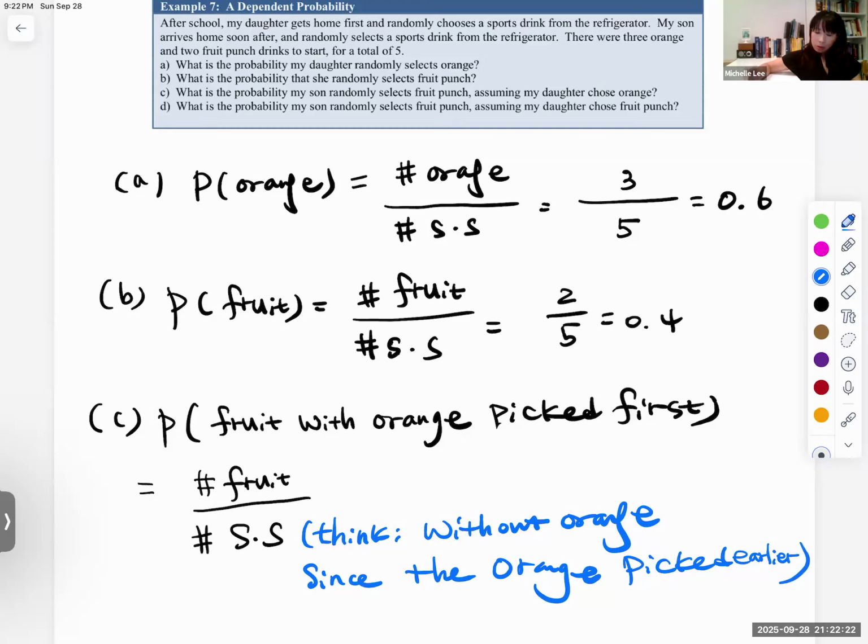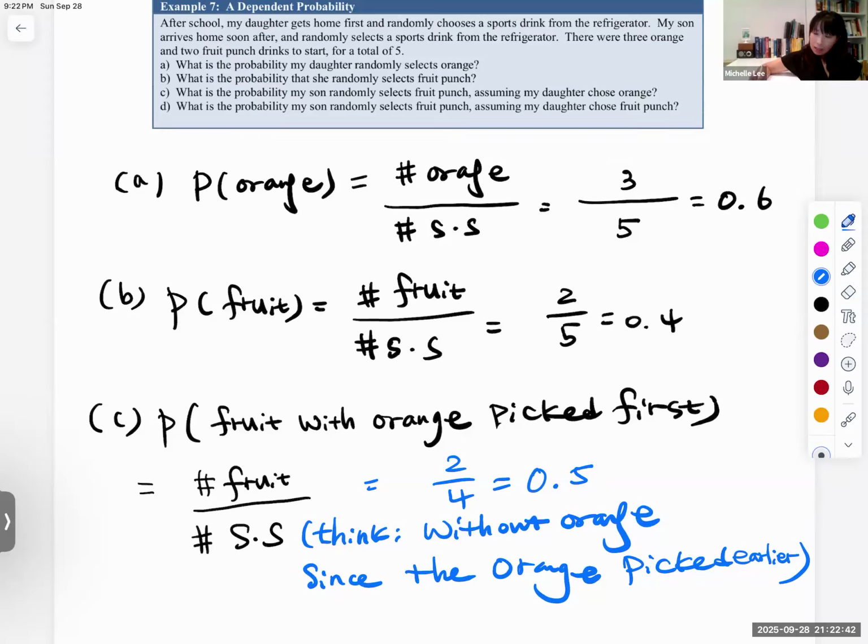Yeah. Okay, so that would be how many fruits? Still two, but sample space is not 5, it's a 4, right? So 2 out of 4, which is 50%, 0.5. Yeah.